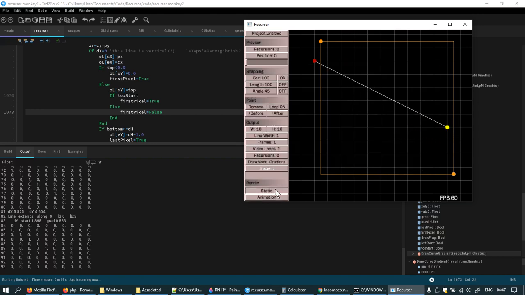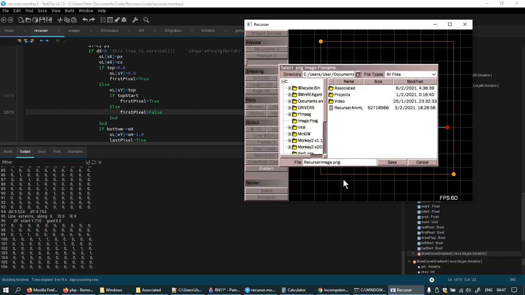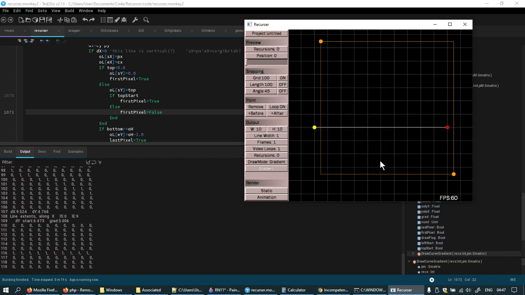Let me see. Well, perhaps I'm asking too much of it at this resolution. Let's see what happens over here. 4, 1, 2, 3, 4. 3 from the bottom, 3 from the bottom, 6 from the other side.